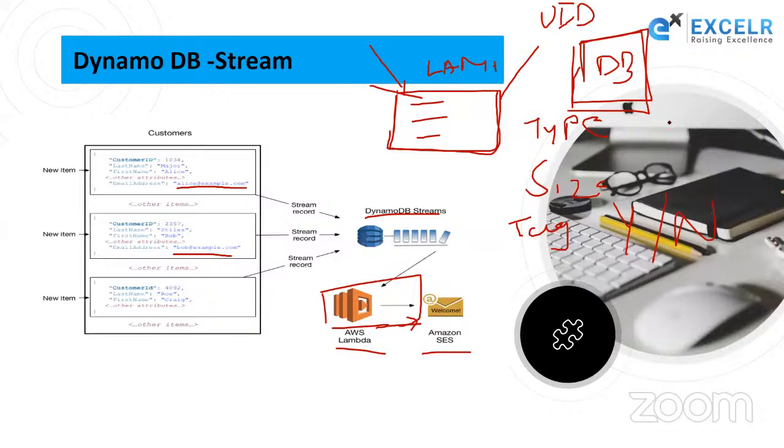So these are the use cases of DynamoDB and Lambda. There are many things you can do with them; it is again based upon your imagination, Bilal. I hope I am able to answer your queries.